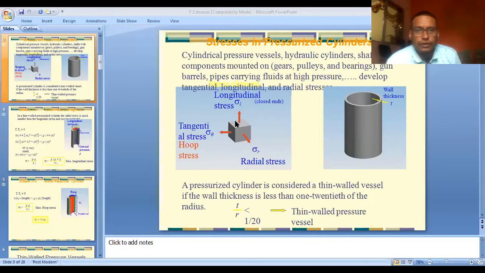In this figure, the longitudinal stresses, that is in a vertical direction, the circumferential stresses and the radial stresses will be observed.